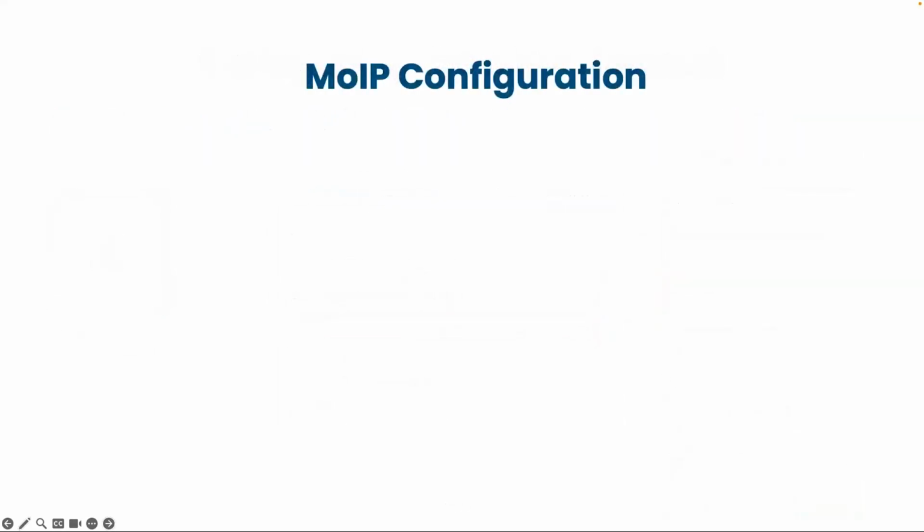So once you've decided on the products that you want and you've configured your switch, the next thing to do is to make sure that your MoIP controller is on the latest firmware. Luckily, controllers can be quickly and easily updated in Oversee.